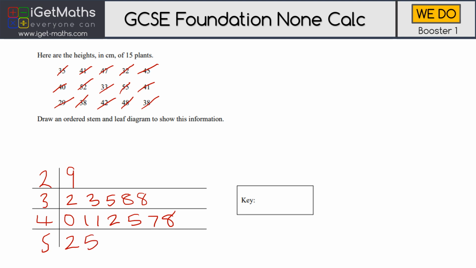And then remember to put your key in your exam, so you can use any number. I'm going to use 3 line 2 equals 32.